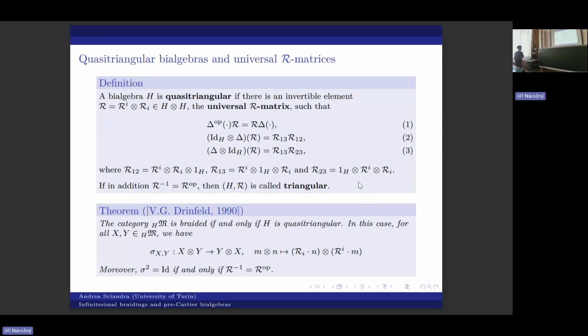And so, in fact, the category of left modules over a bialgebra H is braided if and only if the bialgebra H is quasi-triangular. If this happens, the braiding is determined in this way.